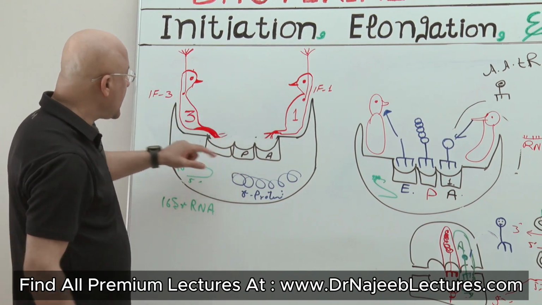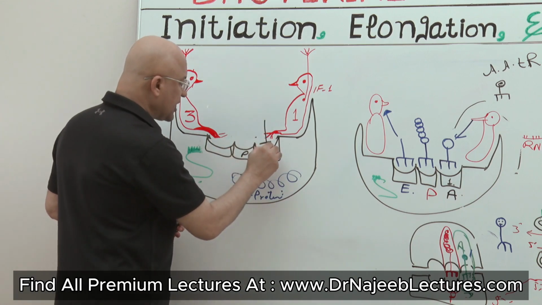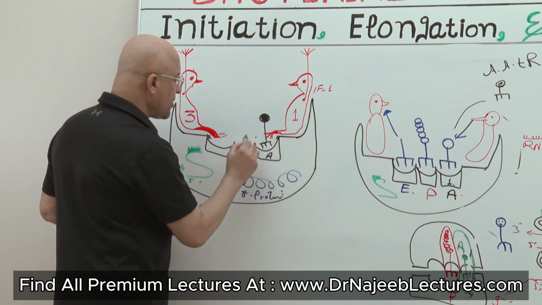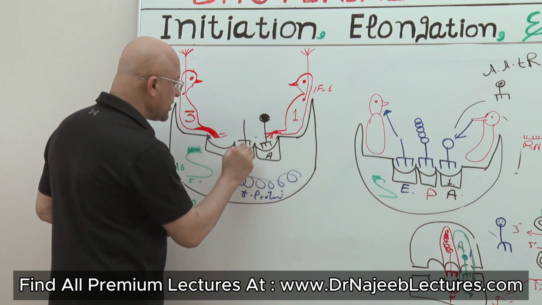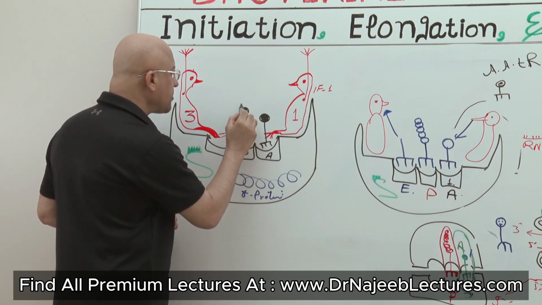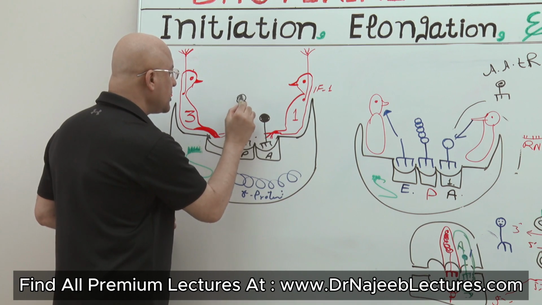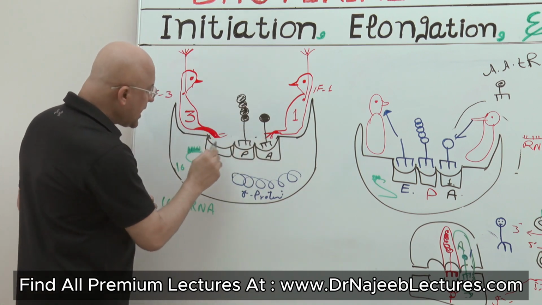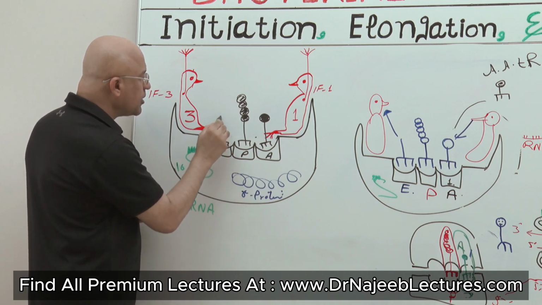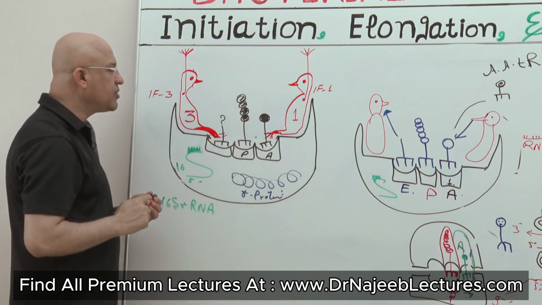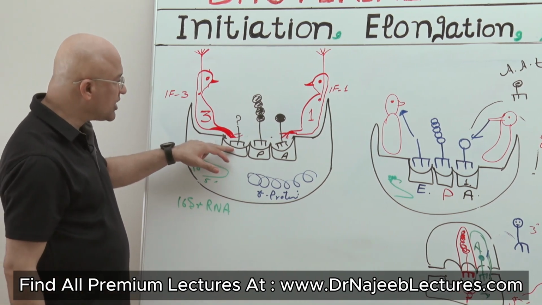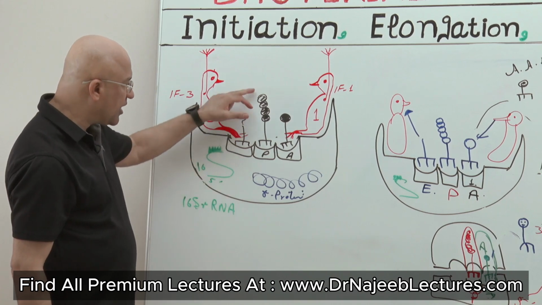Here is transfer RNA with the newly formed peptide chain, peptidyl transfer RNA. And here is the transfer RNA which has already given its amino acid. It is no more amino acyl transfer RNA, and no more peptidyl transfer RNA.